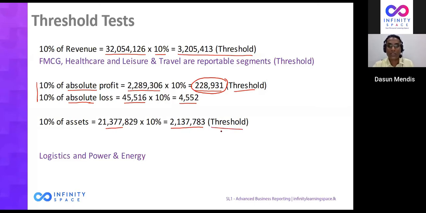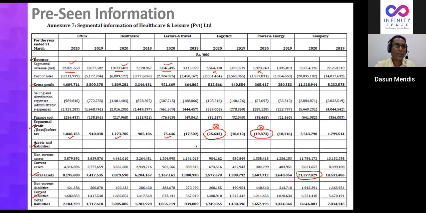Now this is my threshold. Now, yet again, I'm going to look at the rest of the two operating segments, because I don't want to look at FMCG, healthcare, or leisure again, because why? Those have anyway now become what? Reportable under the revenue threshold, external revenue test. So I don't need to look at them again, right?